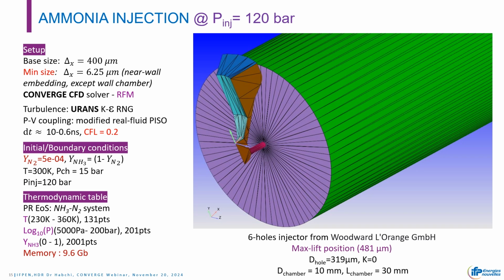We use log 10 for the pressure between 5,000 Pascal and 200 bar. And for the concentration, we have used 2001 points. So this table has a size of around 10 gigabytes.